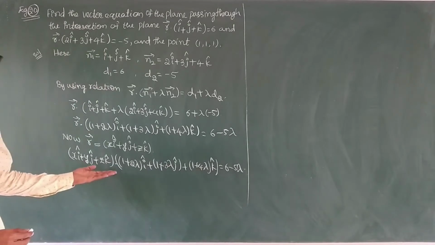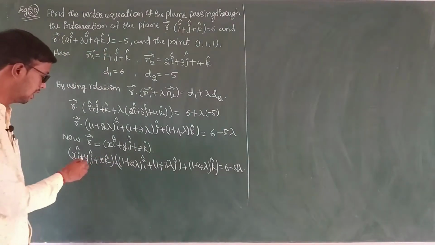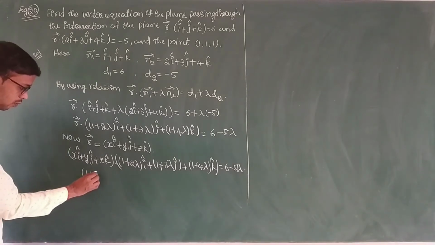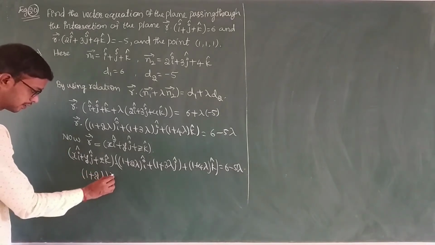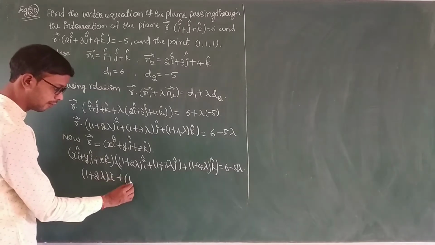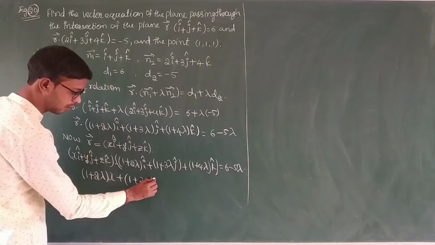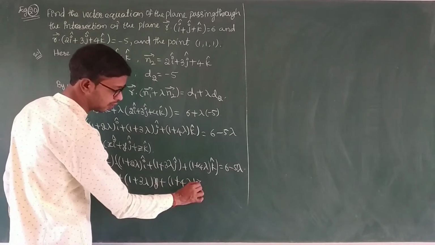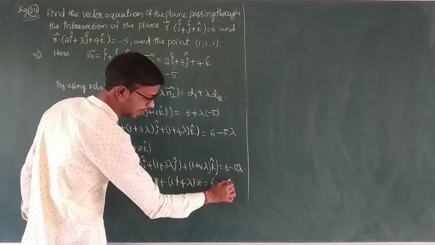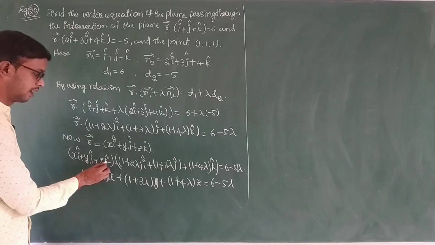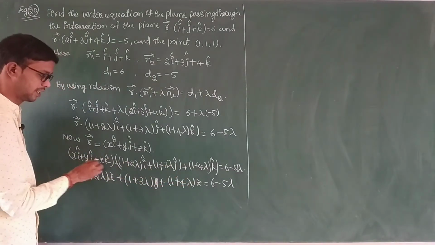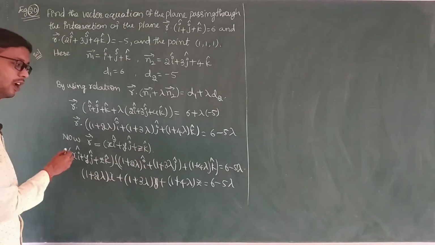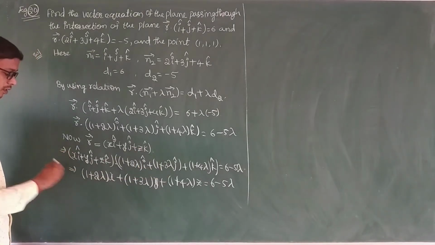Now, how to make the dot product: I cap coefficient multiplication. (1 plus 2 lambda) into X plus (1 plus 3 lambda) into Y plus (1 plus 4 lambda) into Z is equal to 6 minus 5 lambda. Just here, K coefficient, J coefficient, I coefficient multiplication. Dot product we discussed in vector algebra.